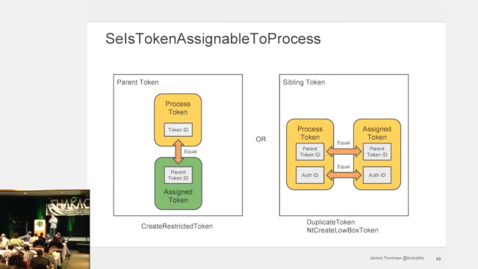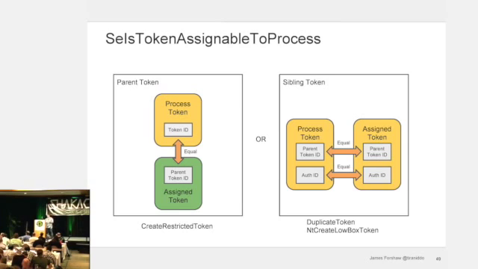This is the case of create restricted tokens or filtered tokens. Filtered tokens always assign the parent token ID to be the token ID of the original token. The second one is, is it a sibling token? Is it the same parent token ID and the same authentication ID? And authentication ID is effectively the logon session unique identifier.